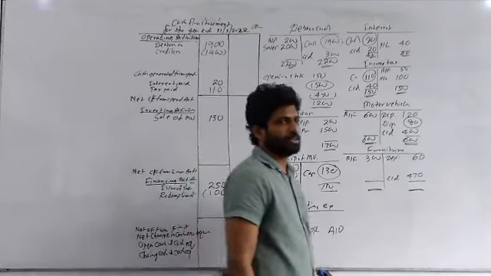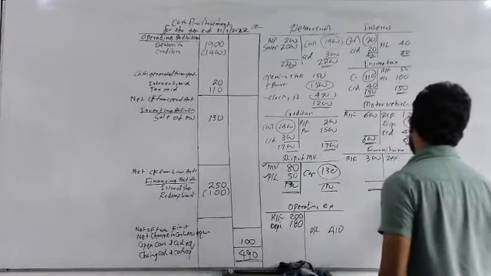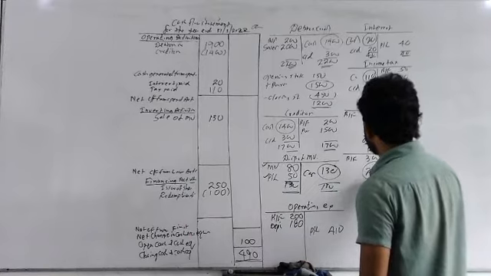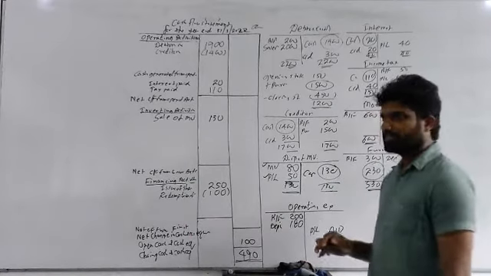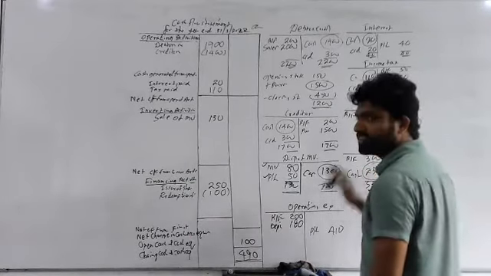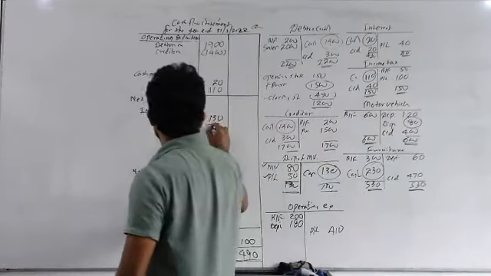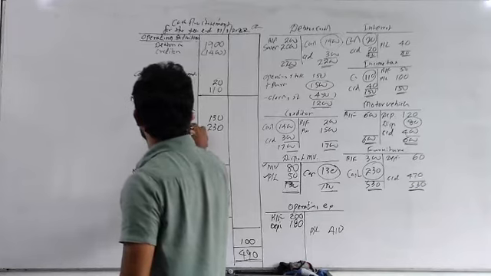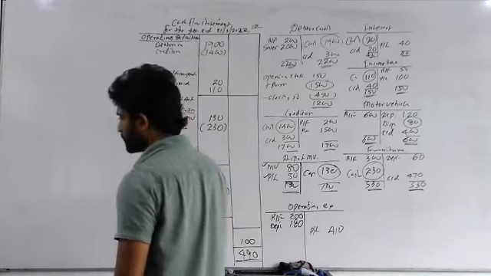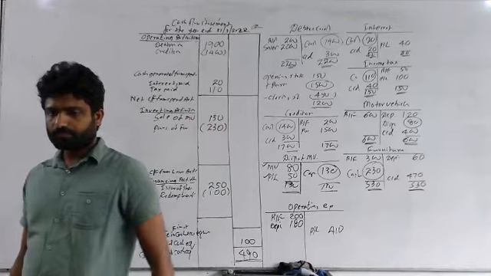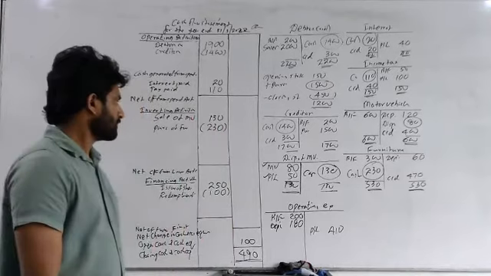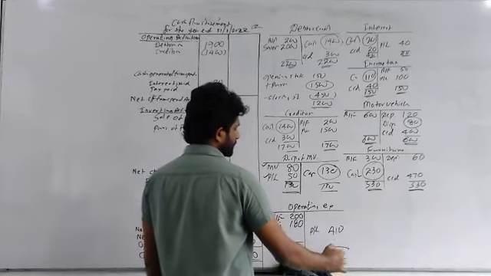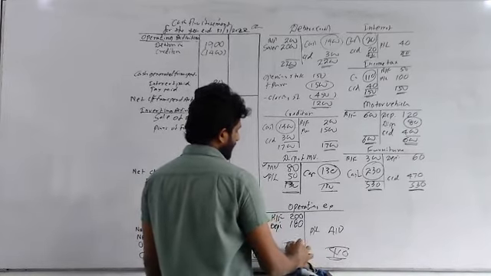Now see the furniture account. Credit total is 530. Difference is 230. What is this? Cash. You have purchased the furniture. Purchase of furniture 230. Next. Finally, the operating expenses account. Credit total is 410.